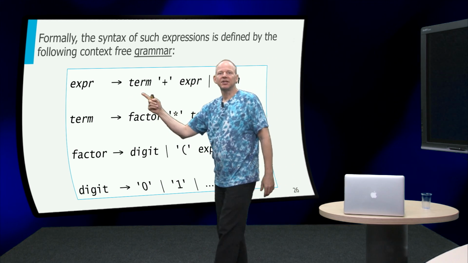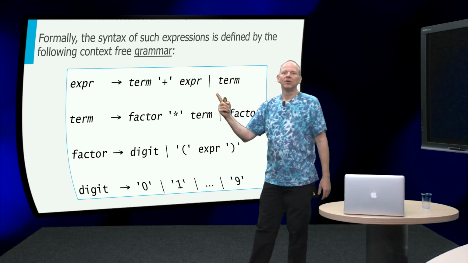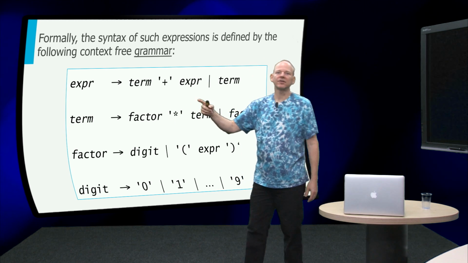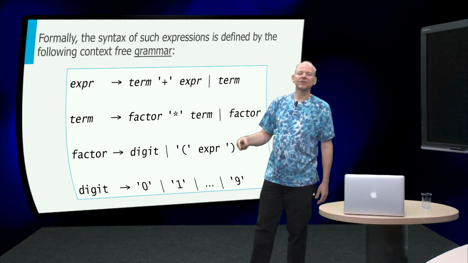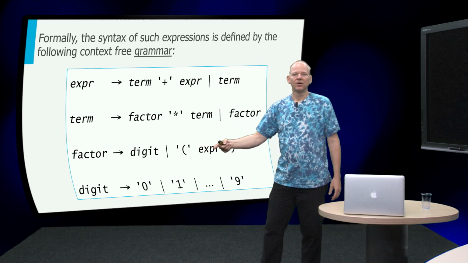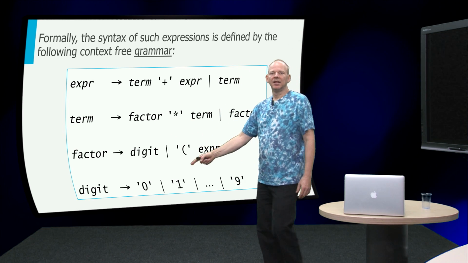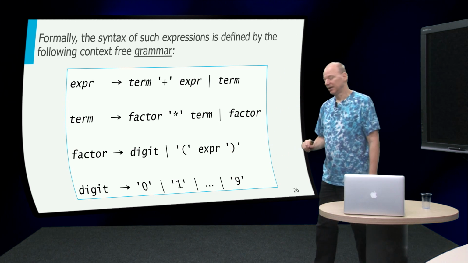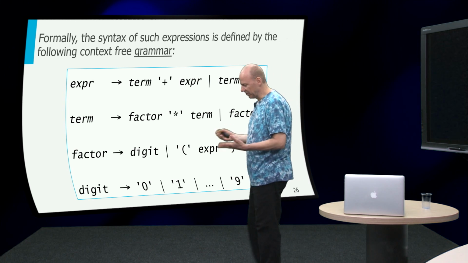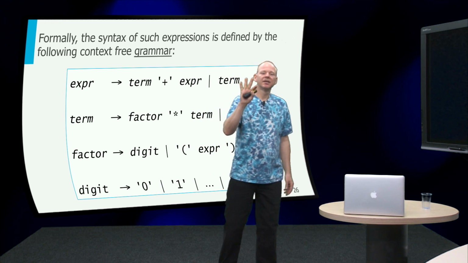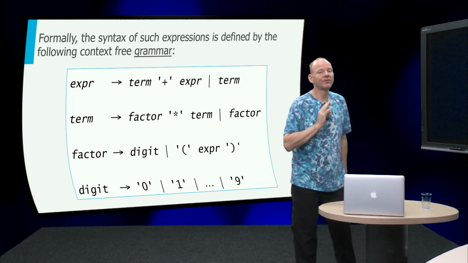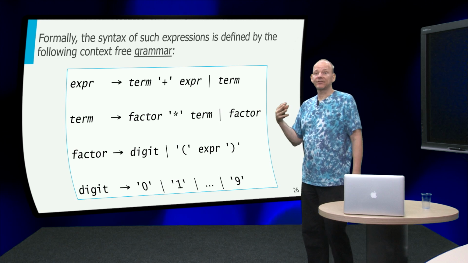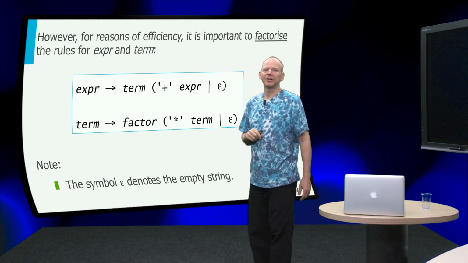So an expression is a term plus an expression, or a term is a factor times a term, or a factor, and a factor is a digit or a parenthesized expression, and a digit is, well, a digit. All right, so that's where the recursion bottoms out. But as I said, this is a real standard encoding of expressions in a grammar.